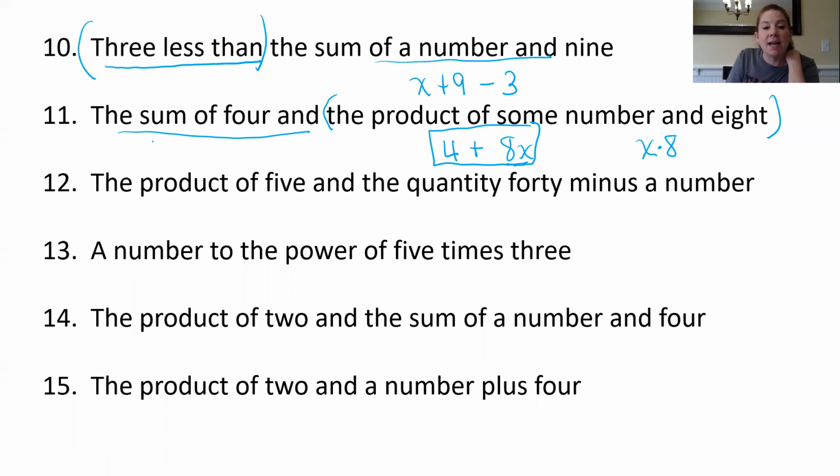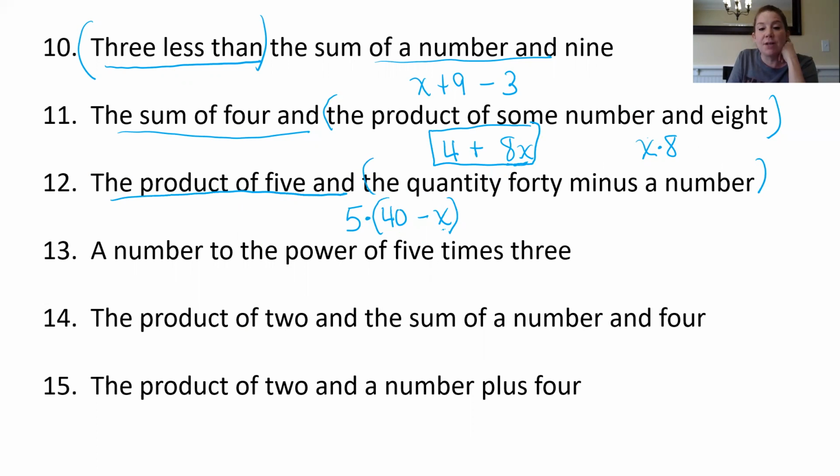The product of 5 and, that stays together, the product of 5 and the quantity of 40 minus a number. So 40 minus a number, all of that stays together, times 5. And that's the way that's written. Or you could do a little dot there to show multiplication.